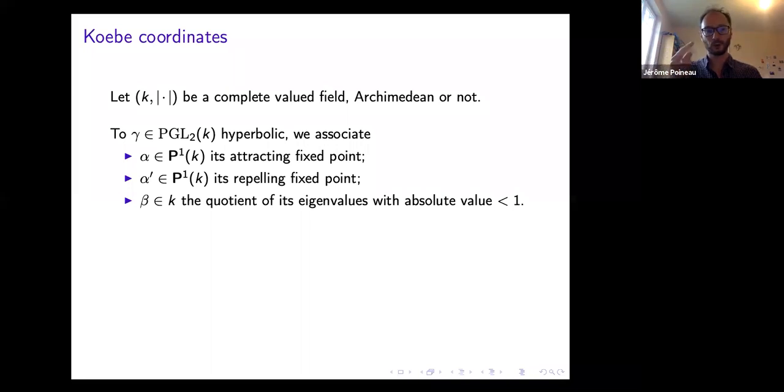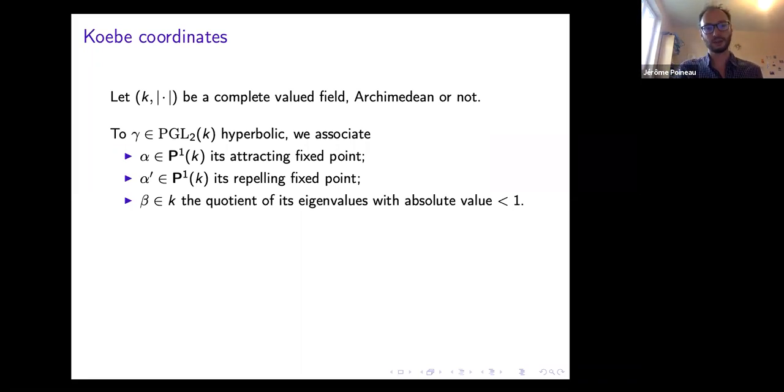And of course, you are in PGL2, so those 2 eigenvalues are not well defined. They are only defined up to homothety, but the quotient of them is actually well defined. And so you know the beta, the quotient, I mean the one of the 2 quotients that has absolute value smaller than 1. So to get back to my example with the elliptic curve, then the multiplication by q. So the attracting fixed point would be 0, the repelling fixed point would be infinity, and the beta would be the q. So it's just a generalization of that.